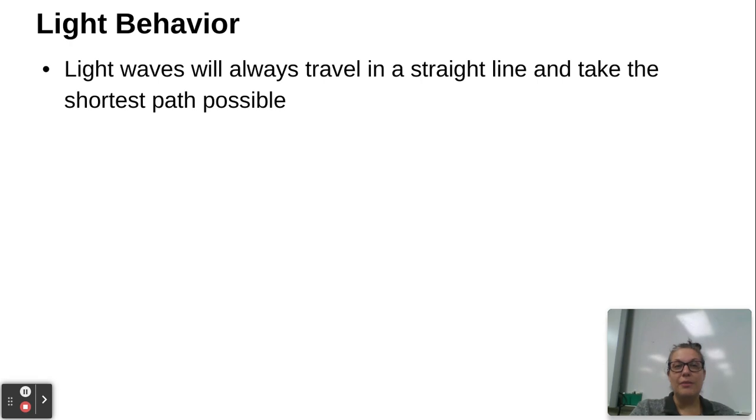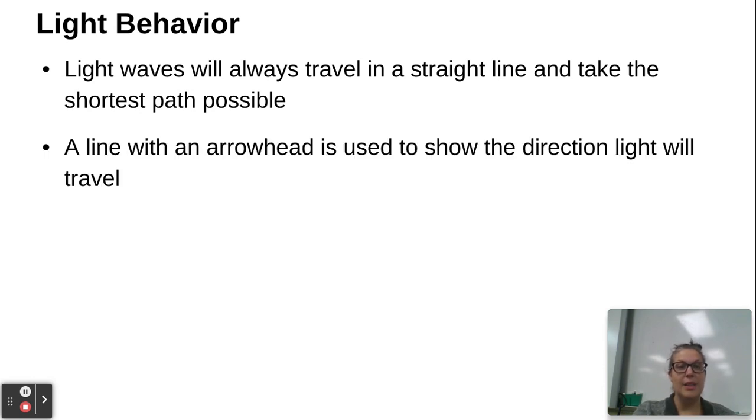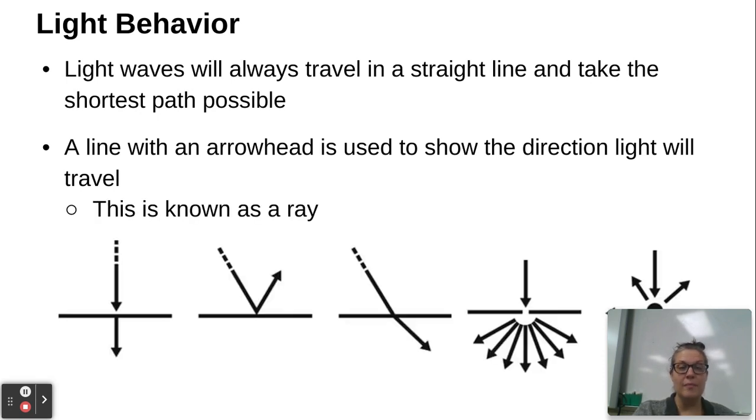Light waves will always travel in a straight line and take the shortest possible path. So, straight line and take the shortest path possible. We use a line with an arrowhead to show the direction that light is going to travel, and this is known as a ray. So here are some different models showing how light is going to travel.